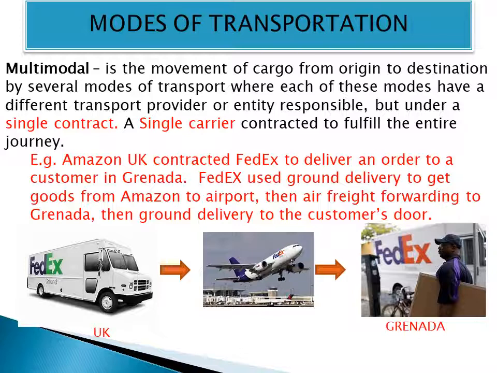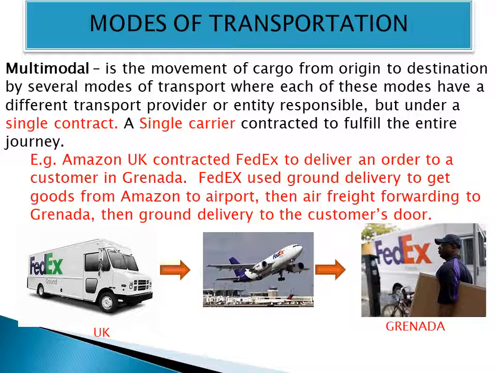FedEx is going to use their land transport, which will be the trucks now, to get the goods from Amazon, the 200 packages. Then they're going to use their air transport, their planes. They do have their own planes. They're going to transport that now to Grenada. And when the goods get to Grenada, it's going to be driven by FedEx trucks again or buses to the Grenada distribution point. And then the bus or whatever means of transport that they have to get it to the consumer now, they would deliver.